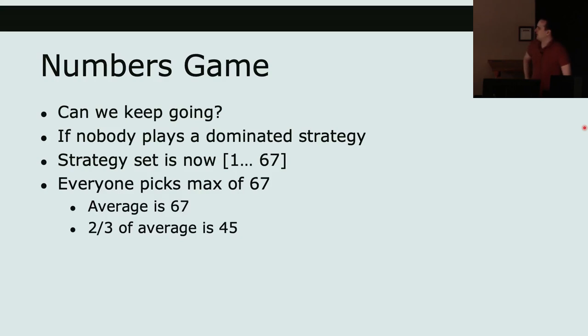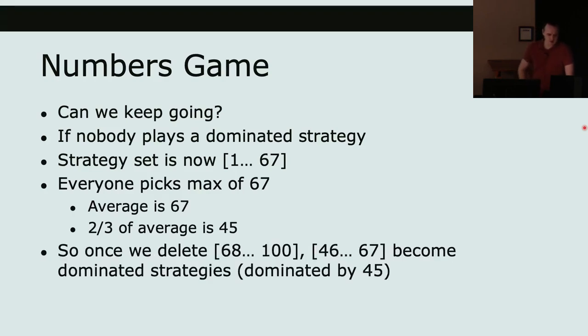If everyone picks the maximum of 67, well, now the average is 67, and two-thirds of that average is 45. And so once we delete 68 to 100 as dominated strategies, 46 and above now become dominated by choosing 45. And we can go as far as we want to that, all the way down to 1, right?